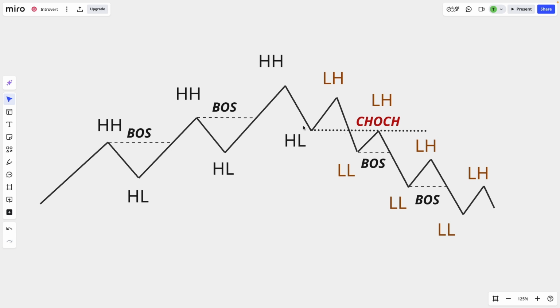What was support and rising up becomes a resistance zone and we start going down. And there we have our change of character. The trend is no longer bullish, up and to the right, higher highs, higher lows. We have an indication now that we're making lower highs, lower lows. So that could be a warning sign in a chart that the trend could be changing.